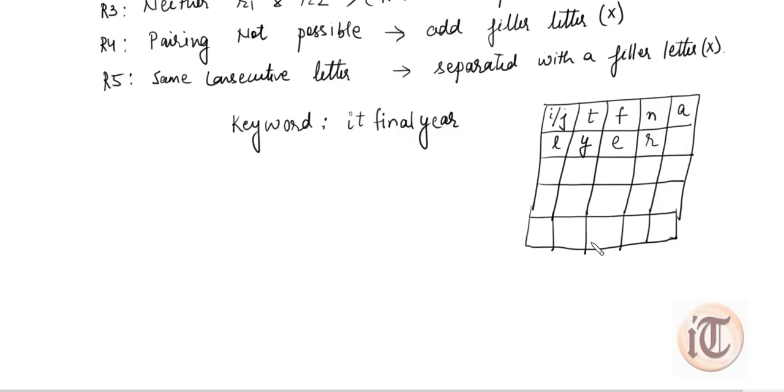Now the remaining cells are filled with the remaining letters in alphabet order. We start with A and move to Z, and the letters which are not encountered in this keyword are placed into the cells.